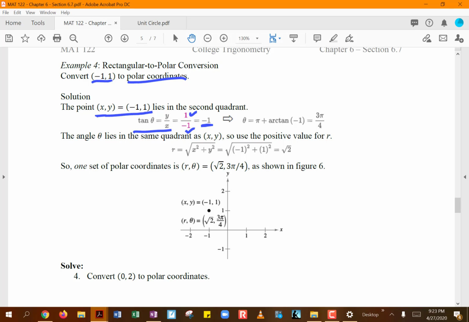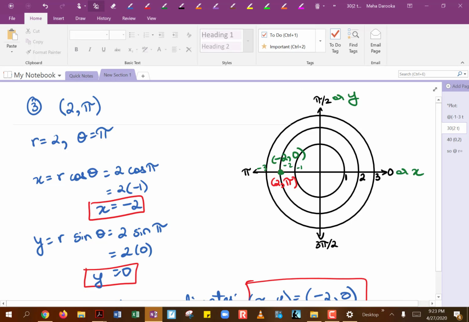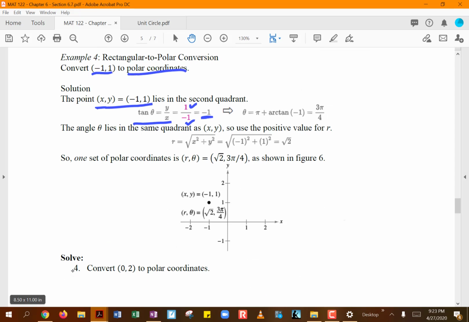Now if you look at your unit circle, tangent of theta is negative 1 right here at, looks like the first point will be 3 pi over 4. Okay, so there we go.